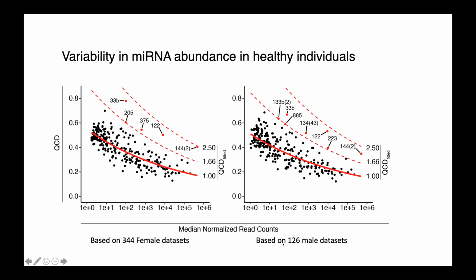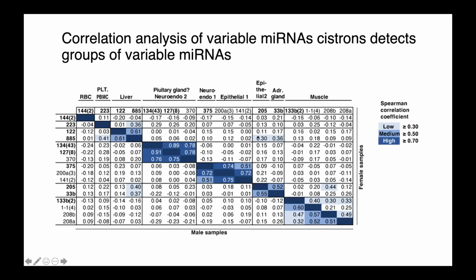We did this also for the 126 male normal data sets. And we did observe a group of microRNAs, which is partially overlapping, which shows higher than usual variability in these two groups.